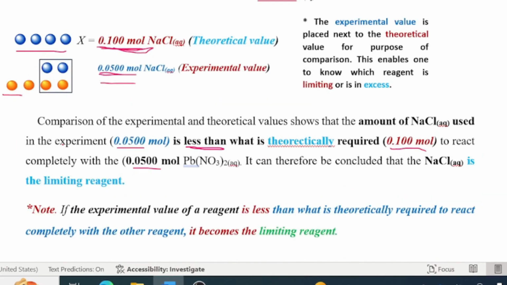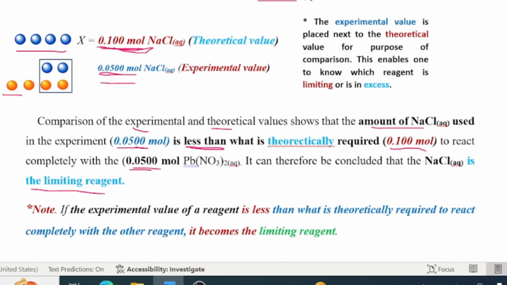So let's see what we wrote here. Comparing the experimental and theoretical values shows that the amount of NaCl used in the experiment is less than what is theoretically required to react with that amount of lead, and it can be concluded that NaCl is the limiting reagent.